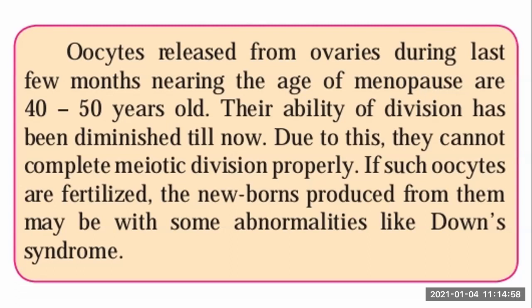But if that process is not properly completed, what will be the consequences? The newborns produced from them may have abnormalities like Down syndrome, as there is no proper meiotic division, not a proper distribution of the genetic material, and definitely it will lead to abnormalities like Down syndrome.